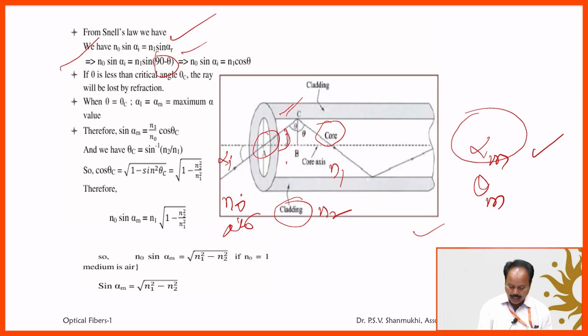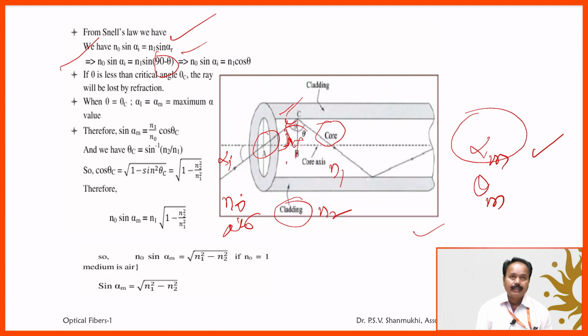So what is the total angle here? Suppose you observe 90 degrees. This is given by alpha R, and the above also has alpha R. In a triangle, the total angle is 180 degrees. That's why, at the point C, the angle is theta, and the other angle is 90 degrees.